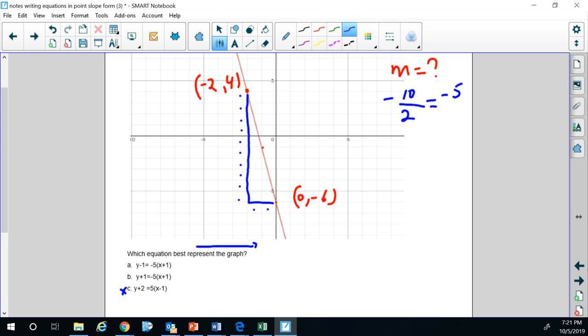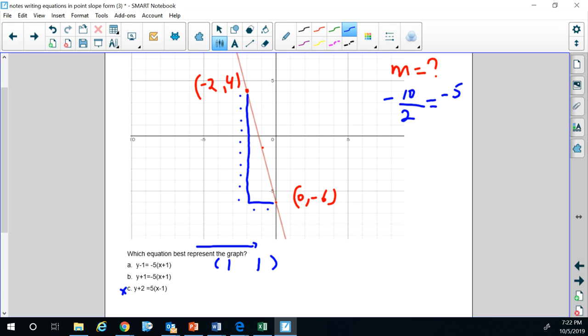Now, I need to find points that are on the line. So let's look at equation A and get the point from that equation. From that equation, my x coordinate is going to be 1, and my y coordinate is going to be 1. Now remember, to get the signs for the point, you flip the signs from the equation.